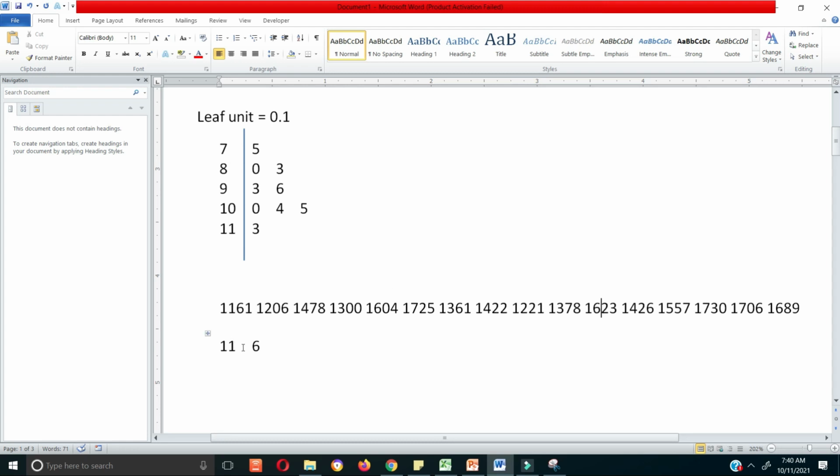So you have the 1160s. So you have 1161. Do you have something else with 1160? Okay, I think it's only one value. So you have the 1120s.